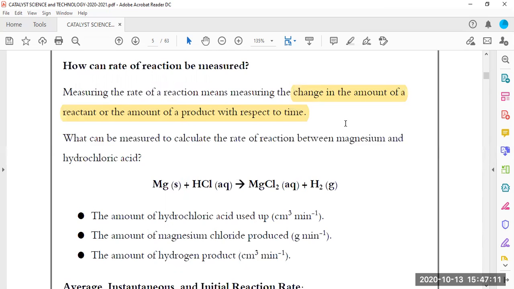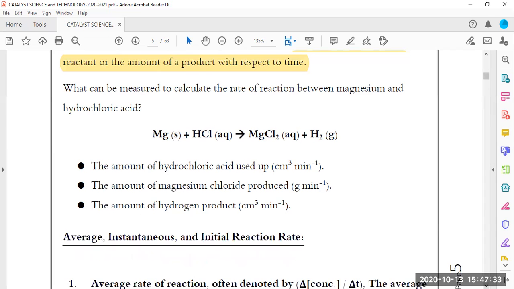But in general, we take the rate of a reaction by measuring the change in concentration, or sometimes the change in number of moles.